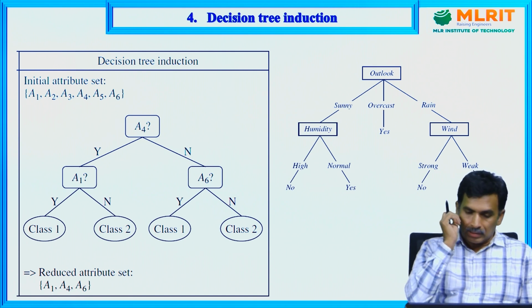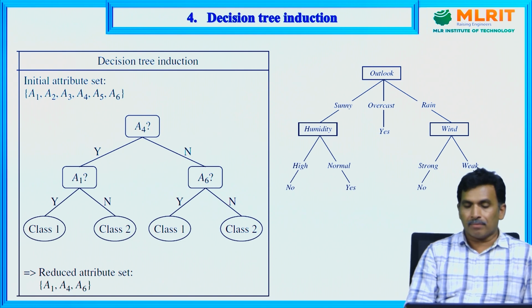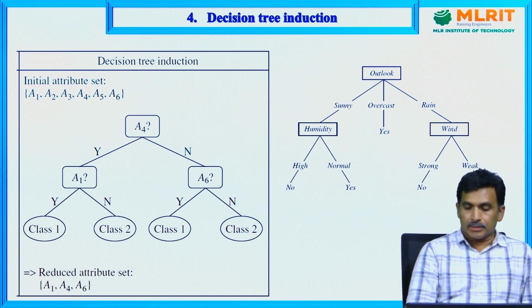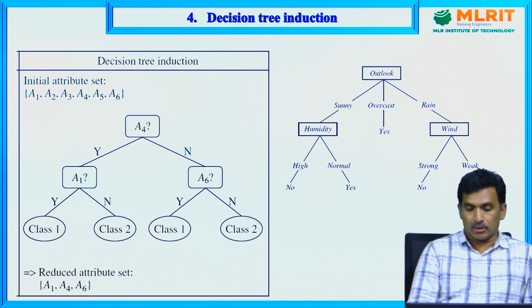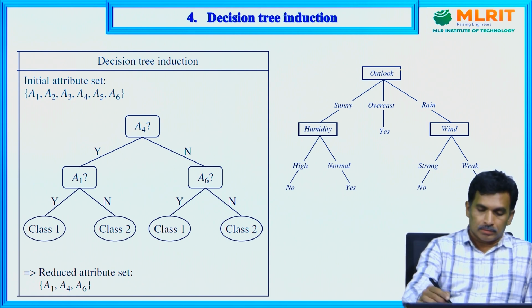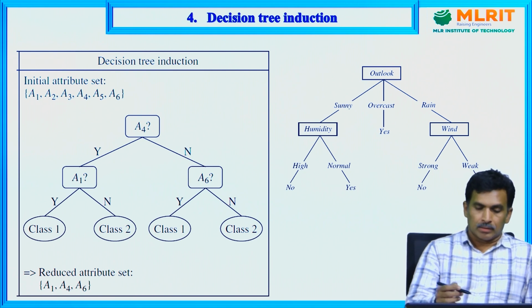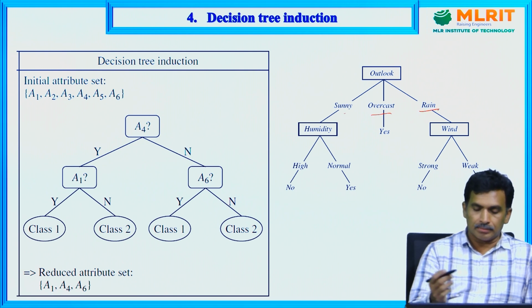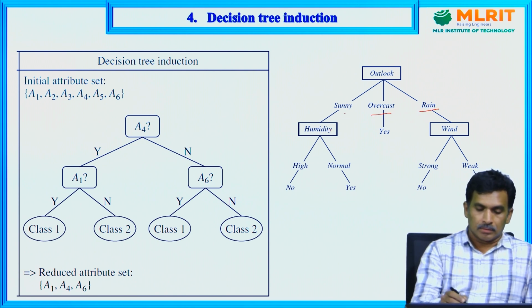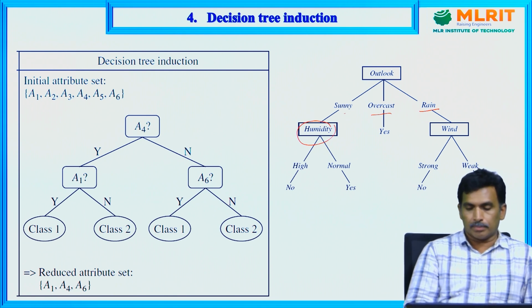This is a decision tree representation of a data set. Given the weather condition, whether the team is going to play tennis or not. Here, the first attribute is outlook, and based on the weather condition, whether it is sunny, overcast or rain, we are going to test whether the humidity is high or normal.